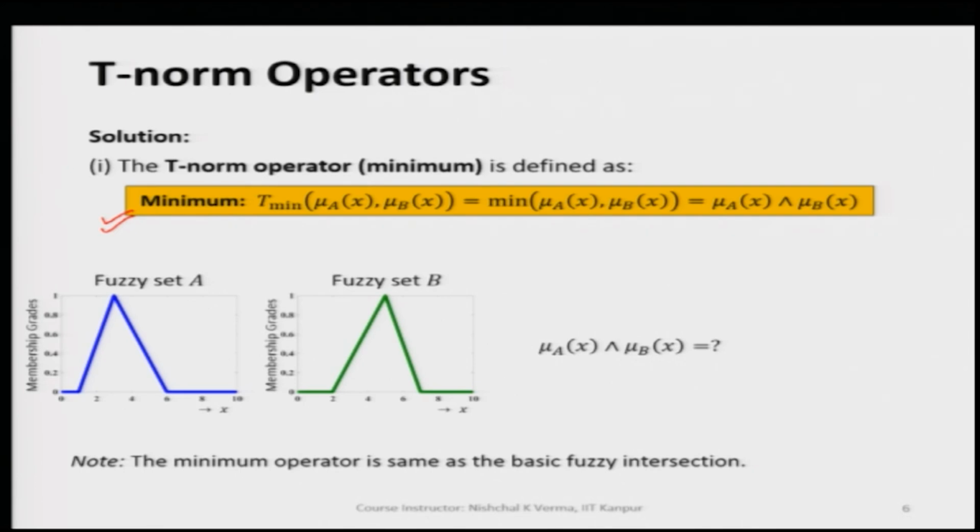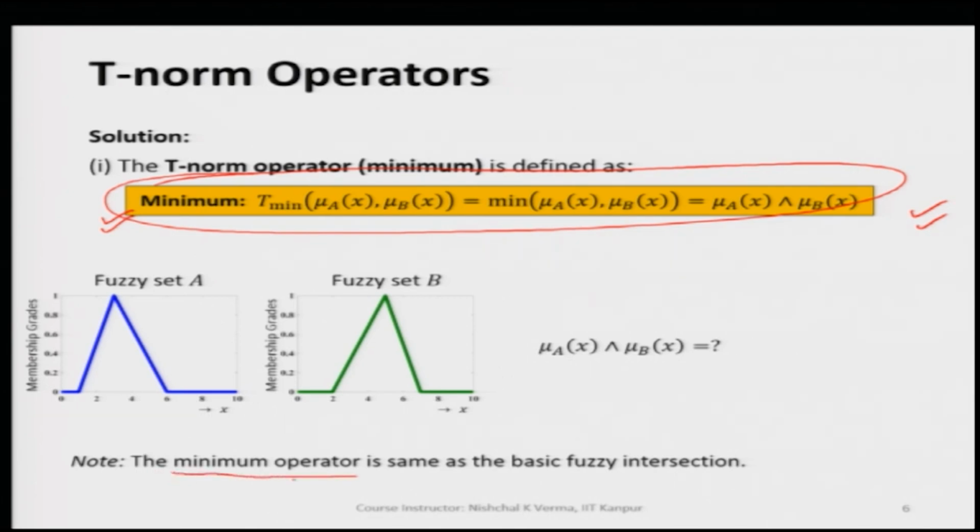We take the minimum of each pair of corresponding values, and you can see how it is found. One more thing I would like to mention: when we say the minimum T norm operator, this is also called the basic intersection operator.